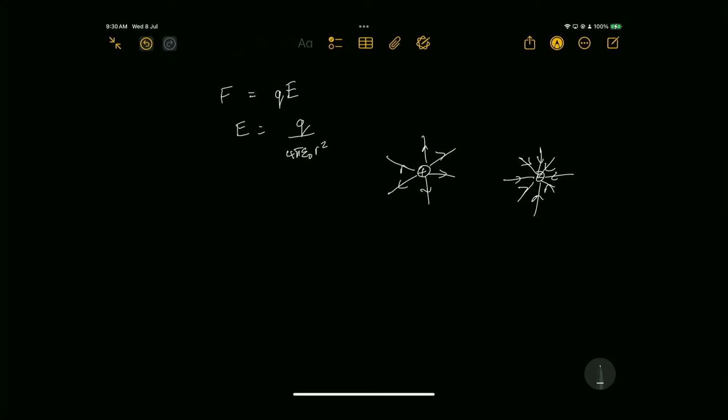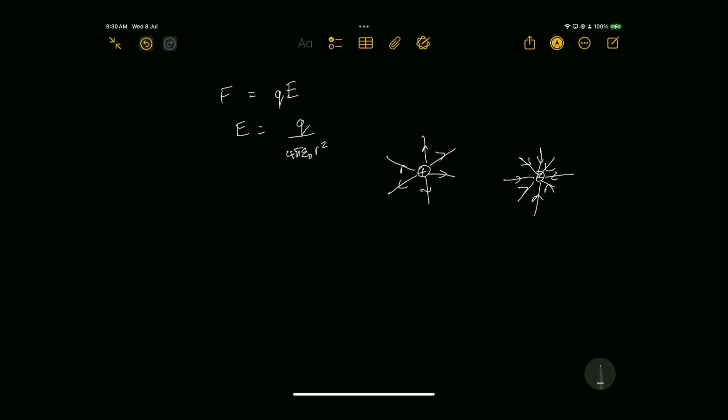What are some other properties of electric field lines? They do not intersect. Right, they do not intersect. And what else?